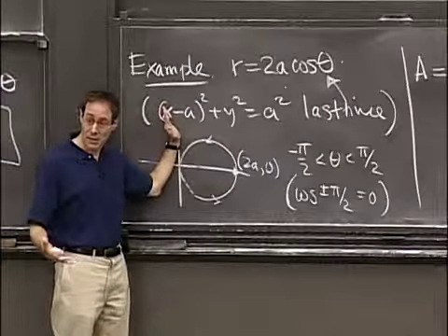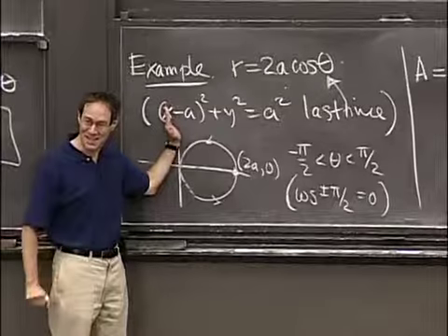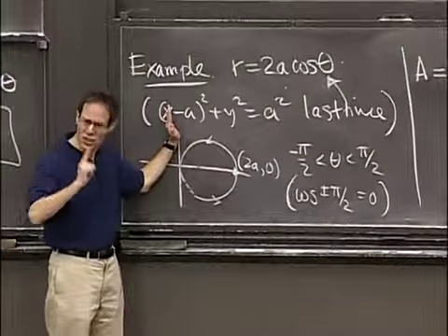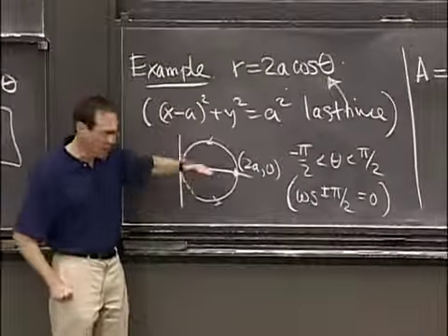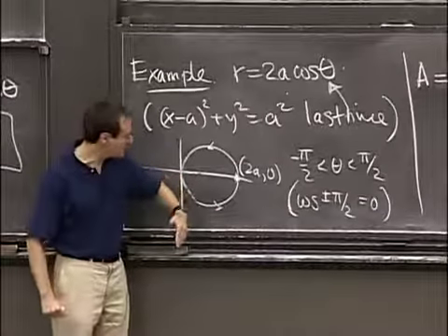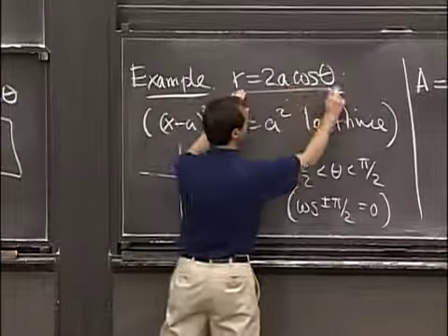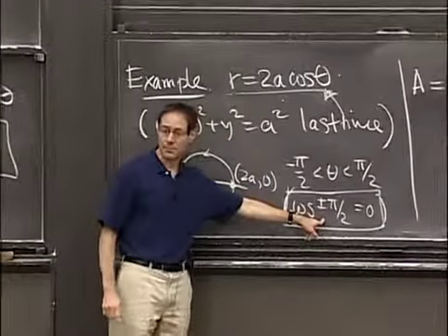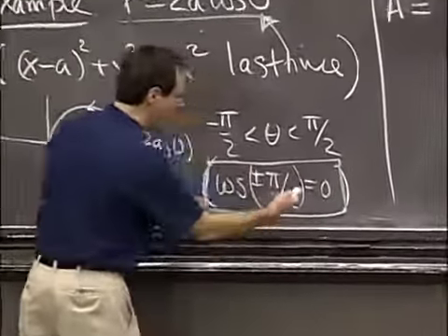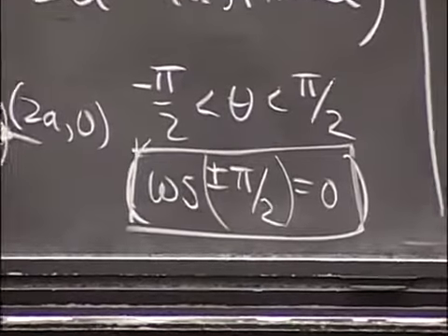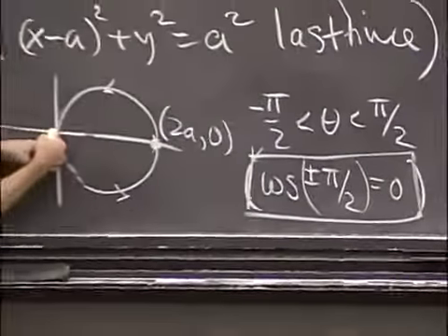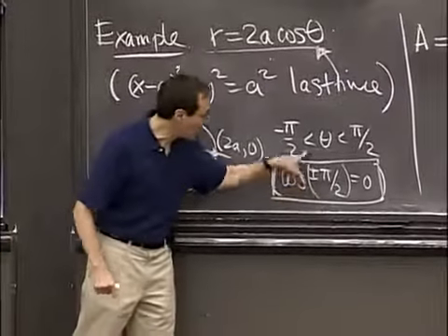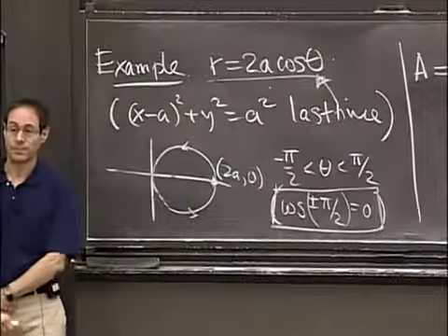That's really the way I do it. Now, if you're a machine, you can't actually look, and you don't have a body, so you can't point your arms. Then you would have to go by the formulas, and use the fact that this is where the loop cinches up, where the radius comes to 0 at pi over 2. So you need to know that in order to understand the range. All right?